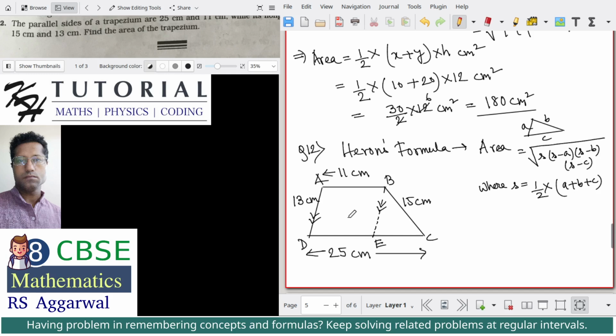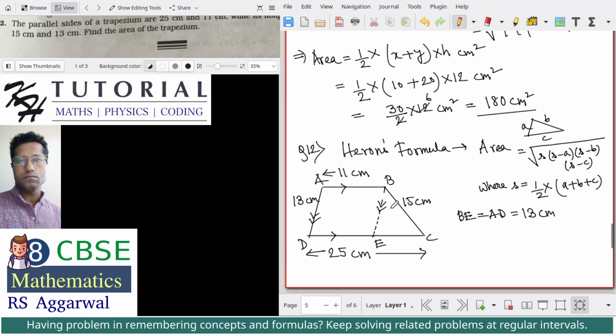So ABED will be a parallelogram. We already have AB parallel to DE. So ABED will be a parallelogram, and hence BE will be equal to AD, and AD is given as 13 centimeter. So by drawing this line parallel to AD, we have constructed the triangle BEC.